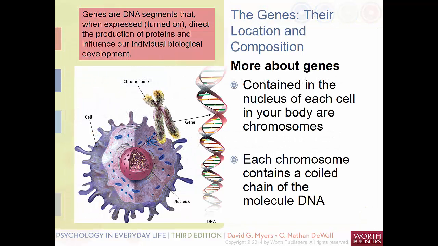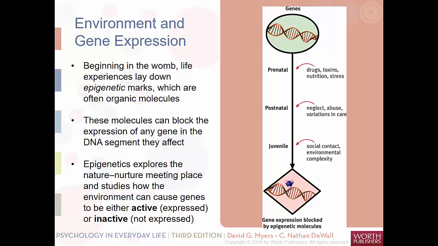Genes are a unit of DNA on a chromosome that encodes instructions for making a particular protein molecule, the basic unit of heredity. Epigenetics can block gene suppression.